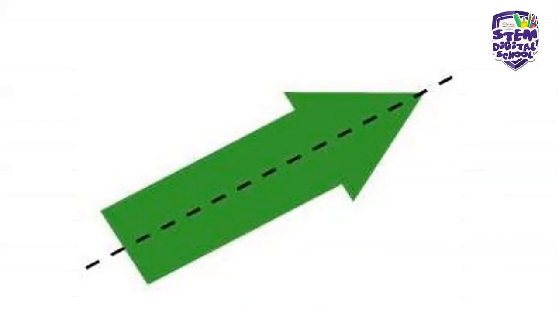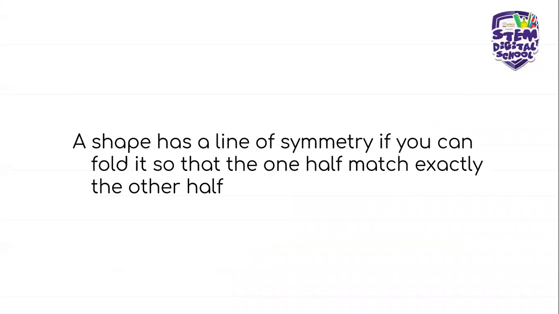I'm talking about the green arrow there, and I hope that everyone can see that. We say that this line of symmetry is drawn in such a way that, as I've defined previously, this shape has a line of symmetry in such a way that you can fold it so that one half will match exactly the other half.